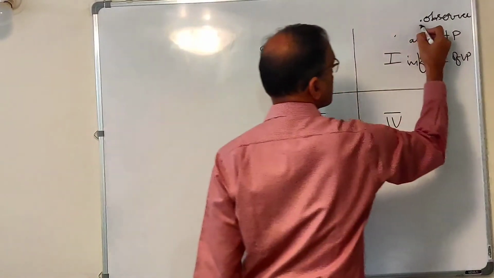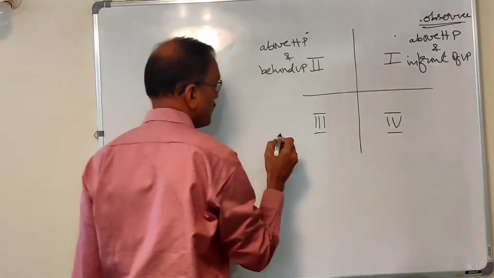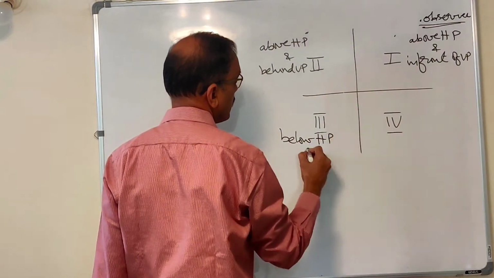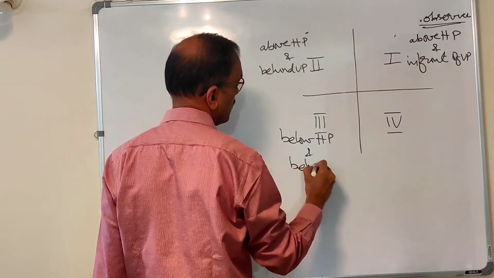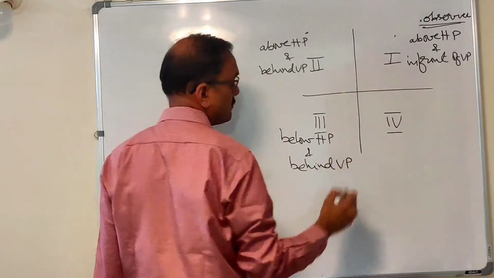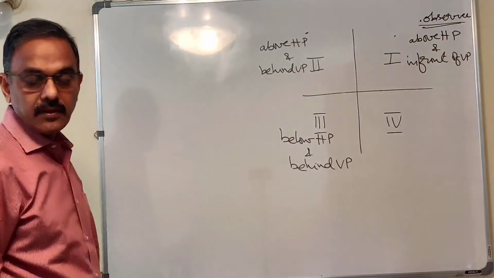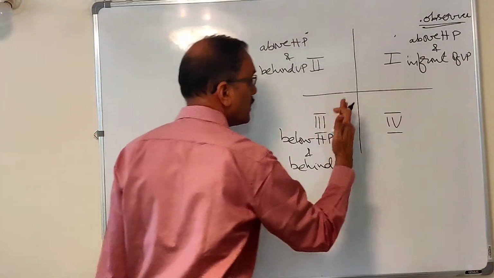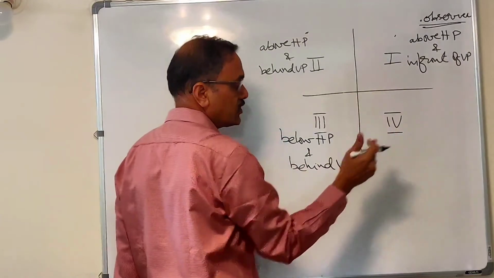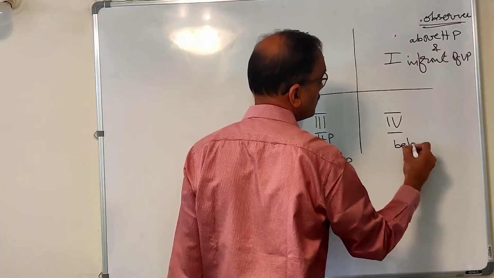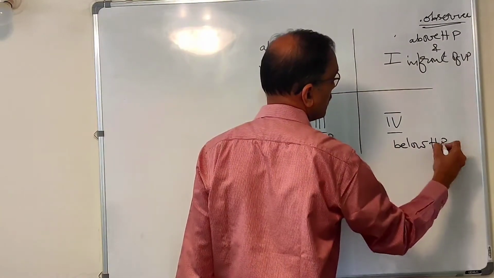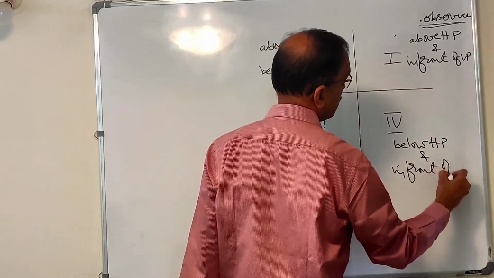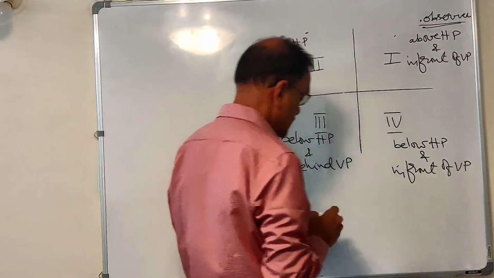This is the position of the observer. It is below HP and behind VP. What if it is in the fourth quadrant? It is in front of VP and below HP. Below the horizontal plane and in front of the vertical plane. Is this understood?